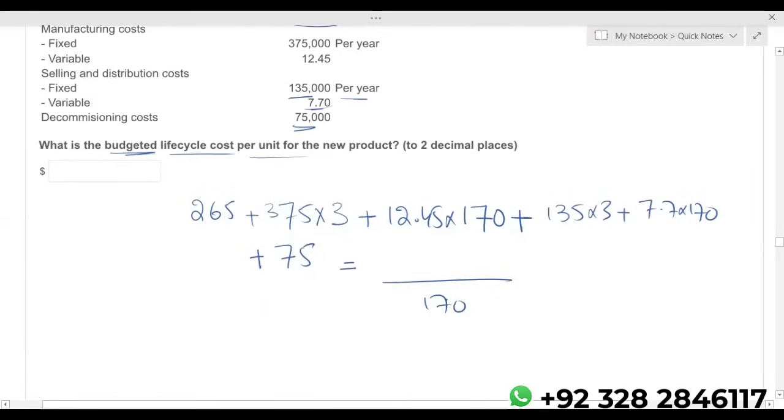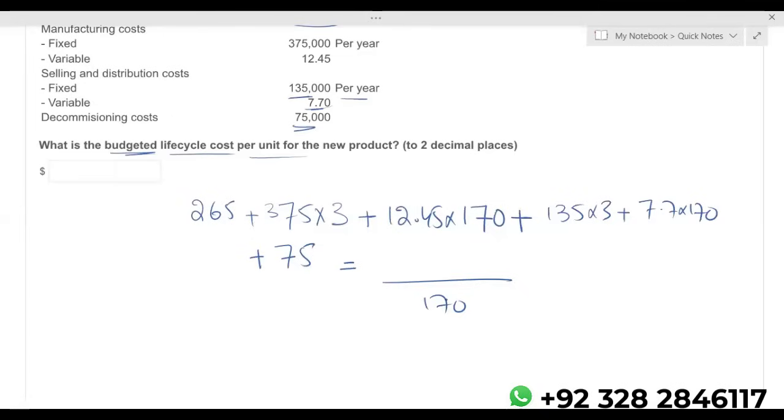Let's use the calculator. 265 plus 375 multiplied by 3 plus 12.45 multiplied by 170 plus 135 multiplied by 3 plus 7.7 multiplied by 170 plus 75. So let's see, what are we getting?